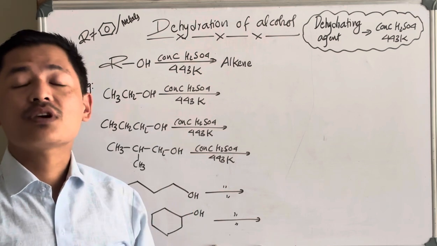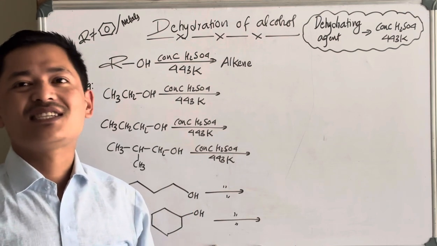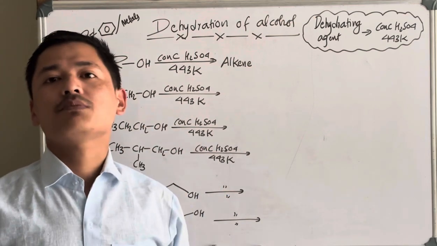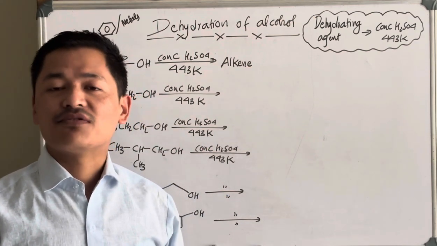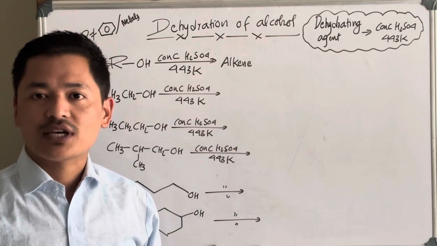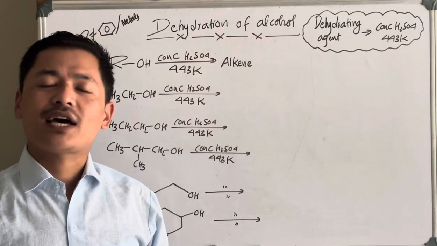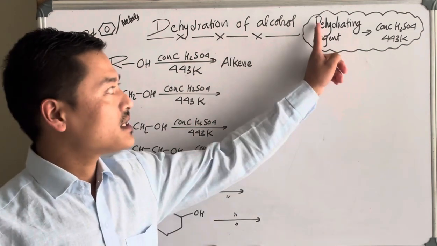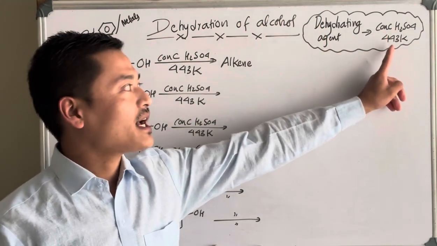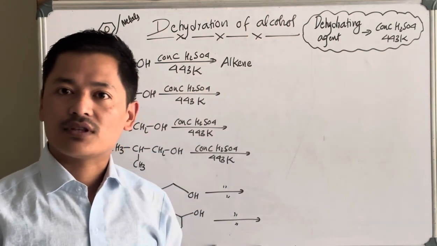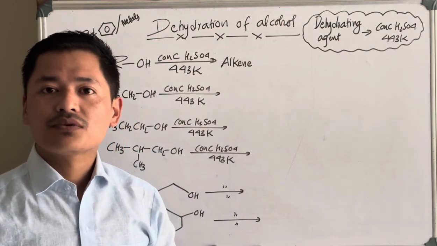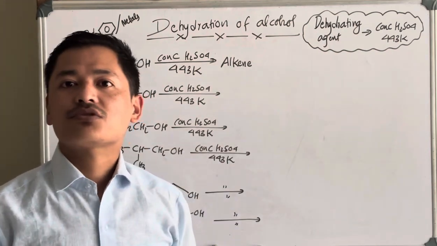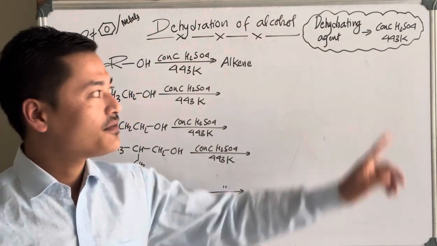A given reactant will not be able to lose a water molecule by itself, so you need a dehydrating agent. The most common and most powerful dehydrating agent is concentrated sulfuric acid at around 443 Kelvin. There are other reagents too, but here we will focus on concentrated sulfuric acid at 443 Kelvin.